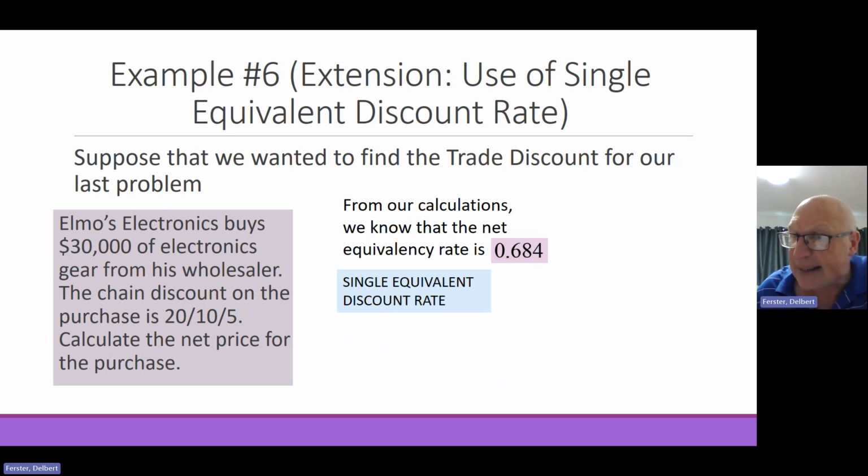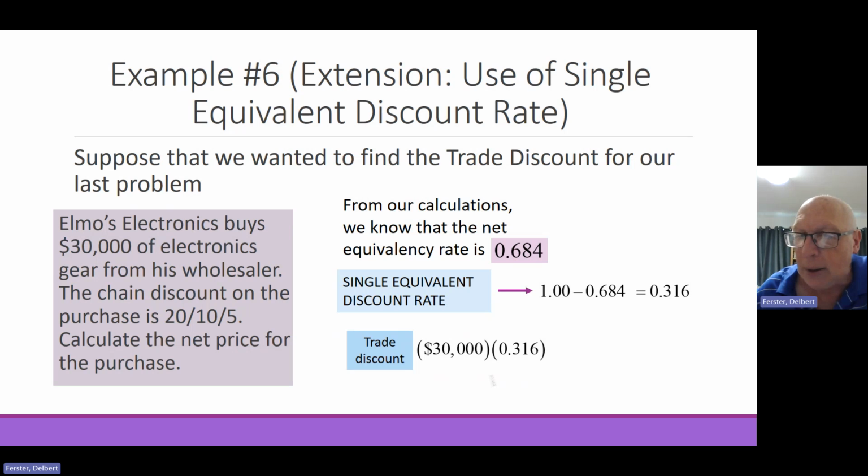If we're paying 68.4%, we saved the difference relative to 100%. Now, the 100% in this arithmetic is showing as a 1, and in this case, we would have saved as a single shot trade discount 31.6%. And just as a quick check, that gets us the exact same value we had previously. So in this context, our trade discount would have amounted to 31.6% on the one-shot deal.